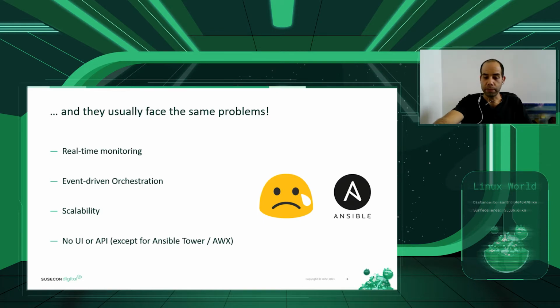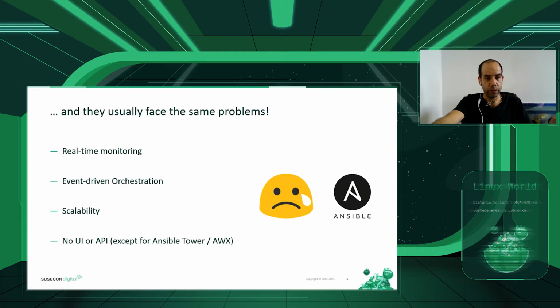I tell you, usually Ansible customers and users face similar problems, like, for example, real-time monitoring. There is no easy way. This is SSH, so there is no easy way that a managed client can trigger some event back to our master, right? Our control node. Same for event-driven orchestration.